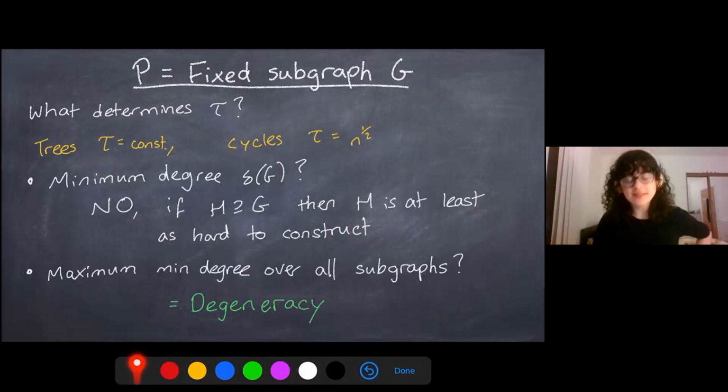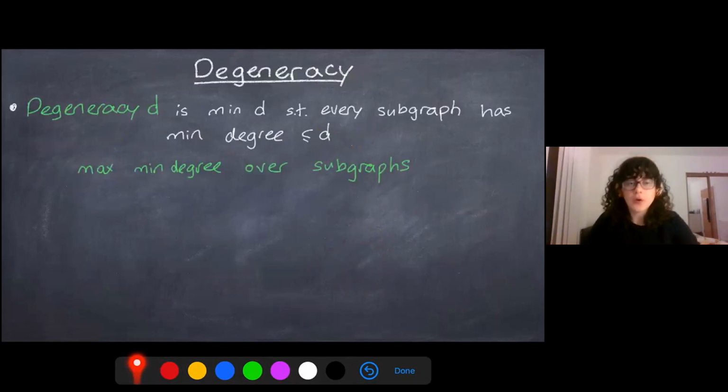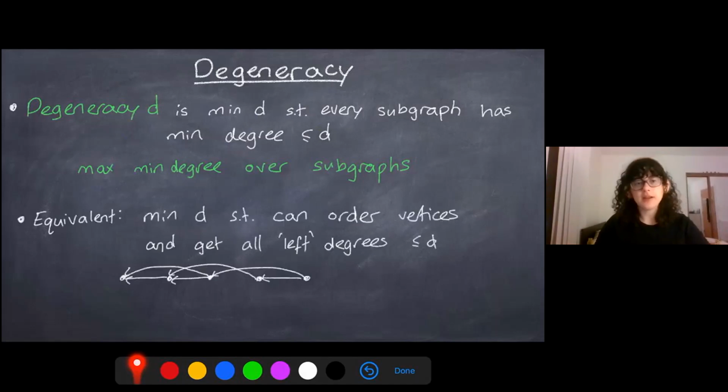So let's do a little detail and talk about degeneracy. What I just said: the degeneracy D is the minimum D such that every subgraph has minimum degree at most D. So in particular, it's the maximum minimum degree over all subgraphs of your graph. Another way of defining degeneracy, which may be more familiar, is that it's the minimum D such that there's an order on the vertices where each vertex has at most D edges to earlier vertices.